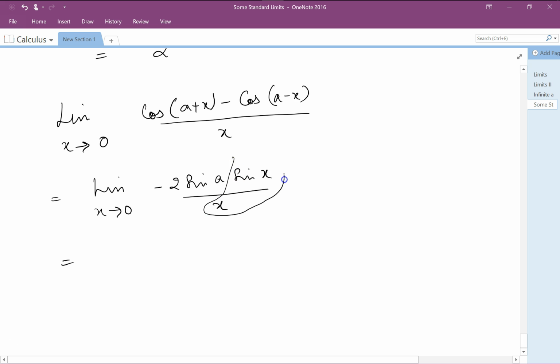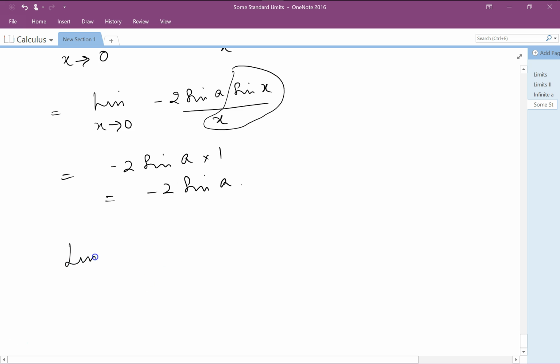So this becomes sin x by x, so which means 2 sin a times 1, which is 2 sin a. Okay, limit as x approaches 0, tan 3x minus sin 2x by 3x minus tan 2x.